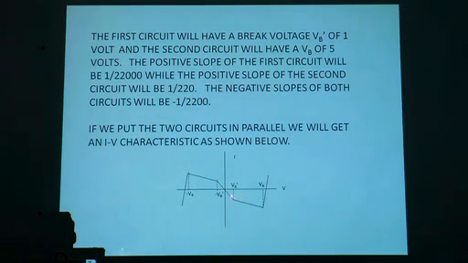Again, between +1 and +5, you have a negative slope of -1 by 2200 plus 1 by 22,000, and beyond VB you have a positive slope. So between -5 and +5 volts you have a nonlinear negative characteristic.